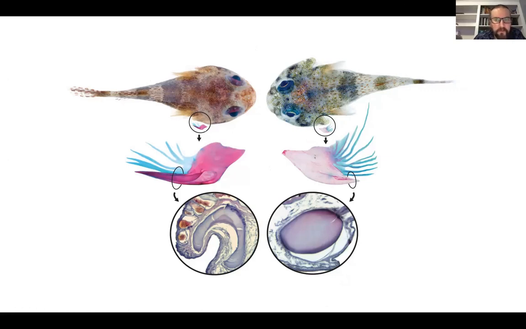So the first thing that we, of course, had to do was figure out which of these two species was Acyrtus artius, and we did that by examining the type material, and when we examined the type material, we also noticed this feature, and so we could place the name Acyrtus artius with this form, and we concluded that this other form, as Carole initially suspected, was a new species or a cryptic species.